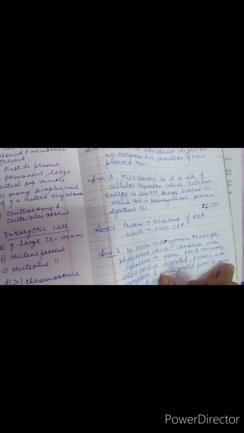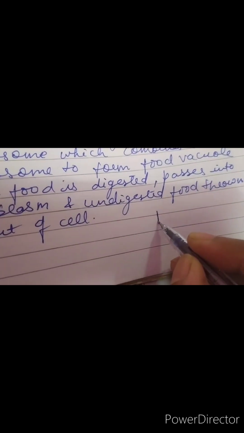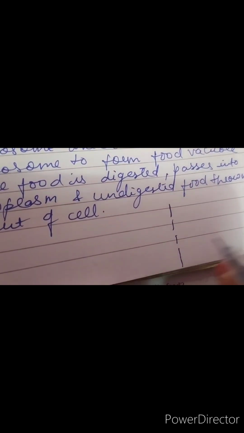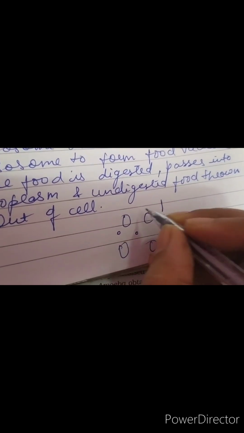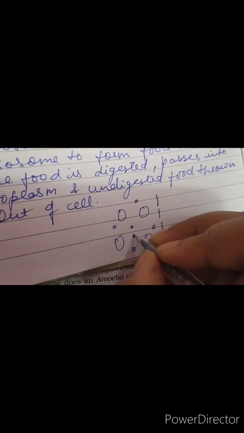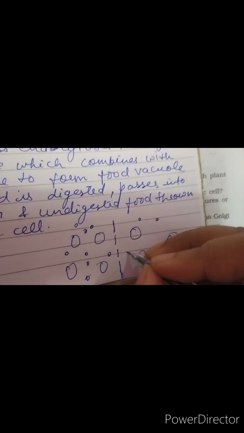Question number 8 is, what is osmosis? Let me explain with the help of a diagram. Suppose this is a semi-permeable membrane, and here you have some solute molecules, and these small molecules are solvent molecules, water suppose, and here again you have solute molecules and water molecules.